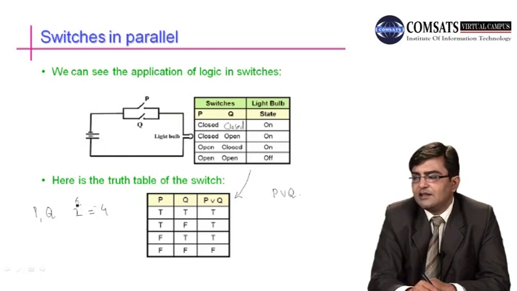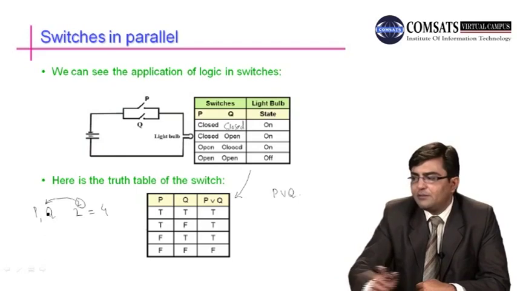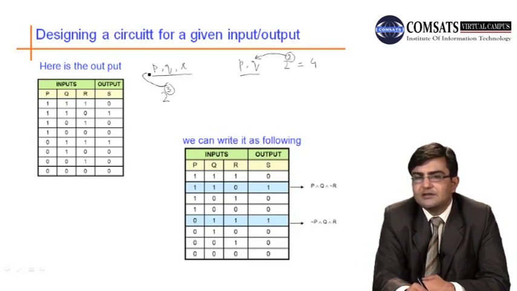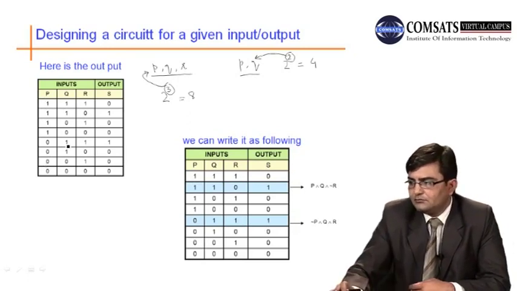This 2 represents basically the number of propositions. Now if we have 3 propositions PQR, then 2 power 3 will be 8, so we will have 8 possibilities in the truth table. And how do we write the truth table?